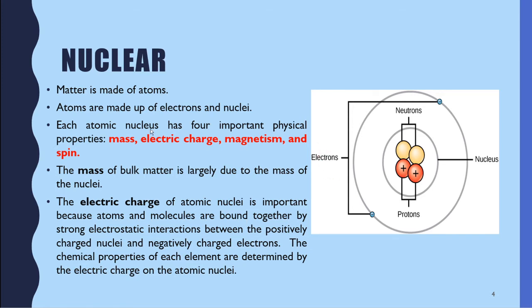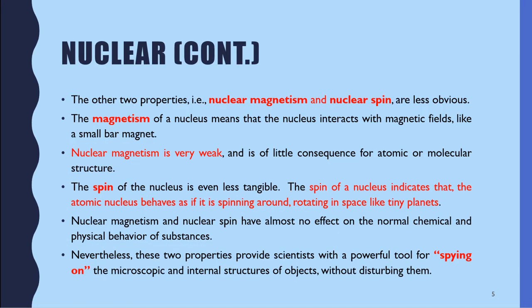So back to the nucleus, there are 4 important physical properties, namely the mass, electric charge, magnetism, and spin. Now you know mass and electric charge, and you've learned that as part of your fundamentals probably in high school and also in your first year. But magnetism and nuclear spin are less tangible compared to the other 2 concepts.